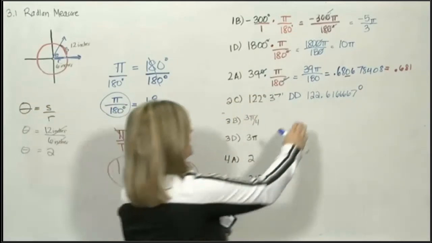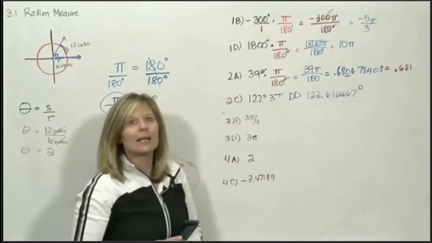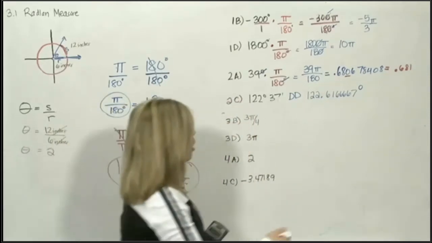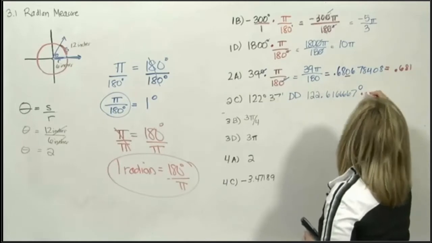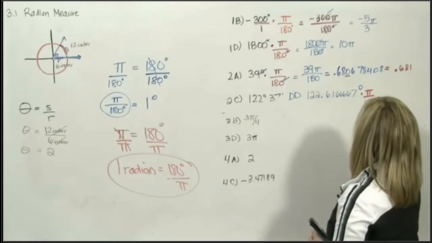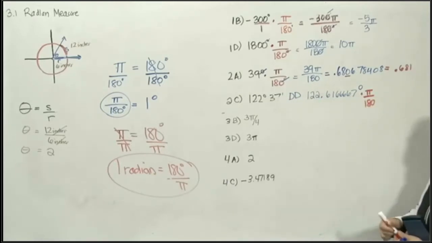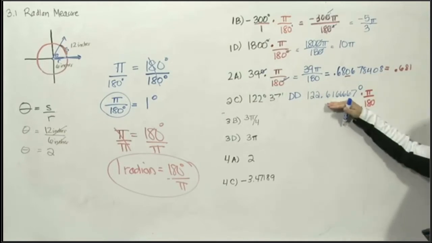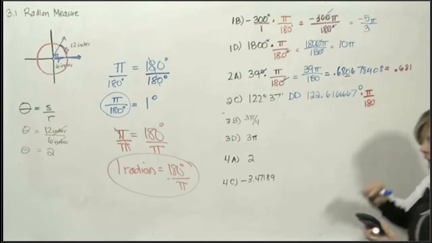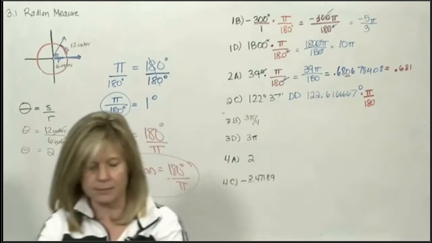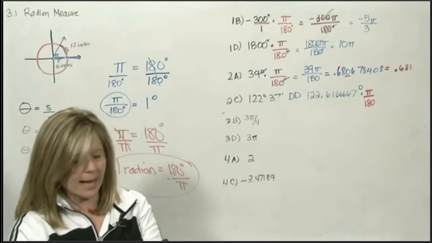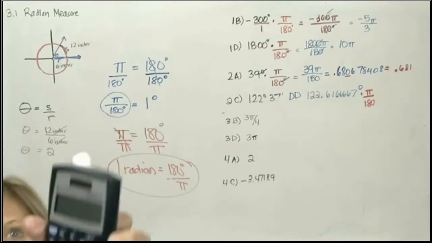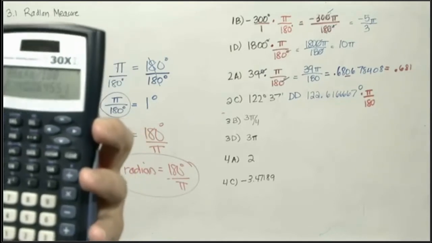Now that this is a number, we can make the conversion. We can multiply this number times pi over 180. So we're going to take that whole decimal degrees, multiply it, hit times pi, divided by 180. And we should get out this decimal.